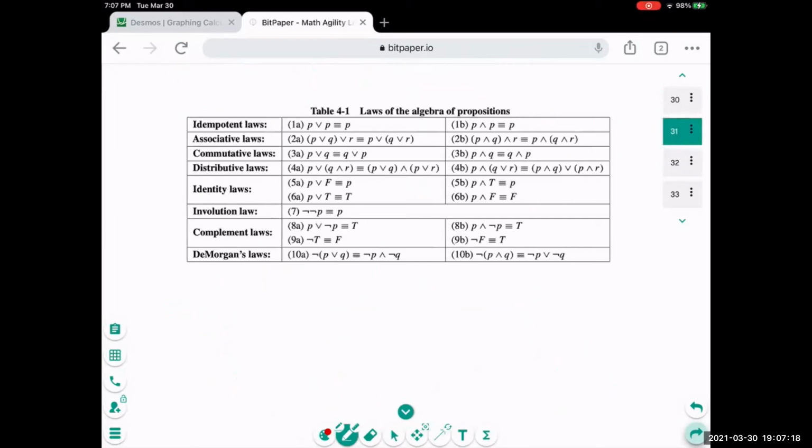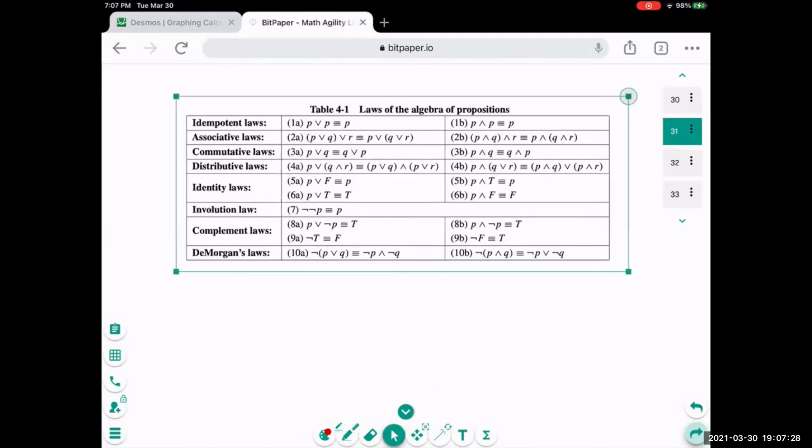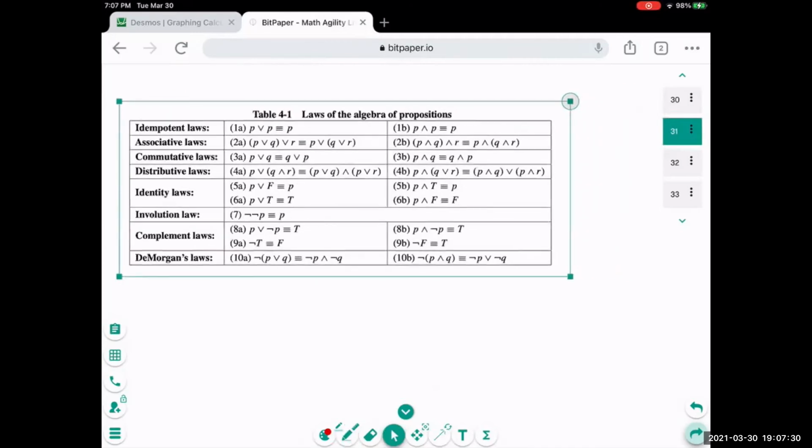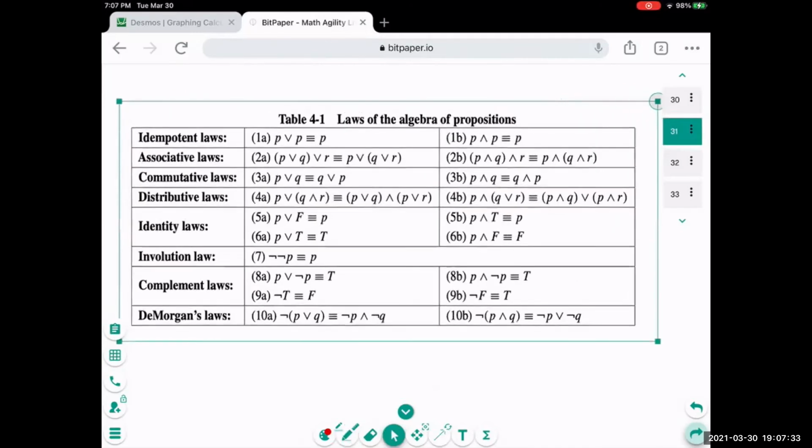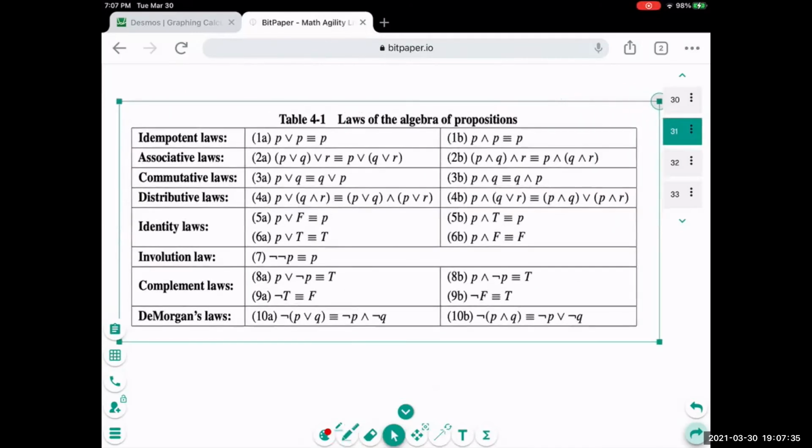So may table tayo dito and it's called the laws of the algebra of proposition. Lakihin natin ng konti. So yung una is called idempotent laws.